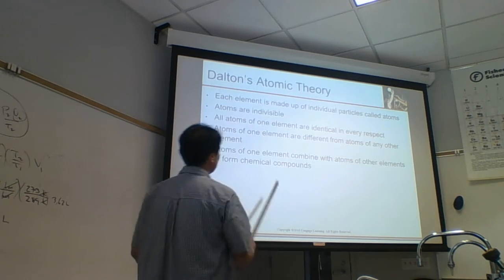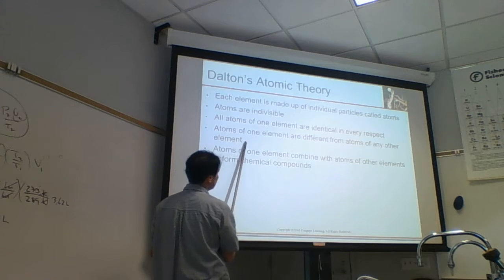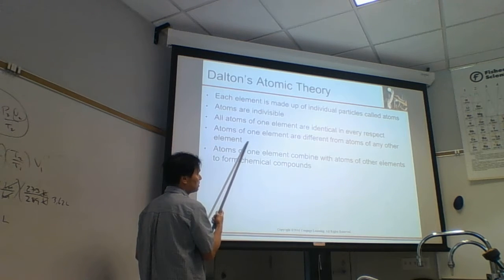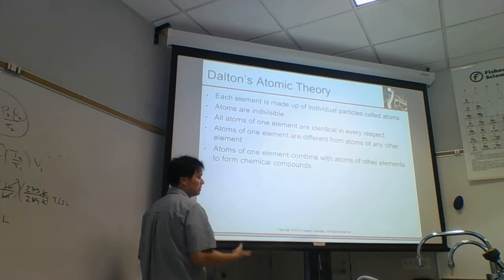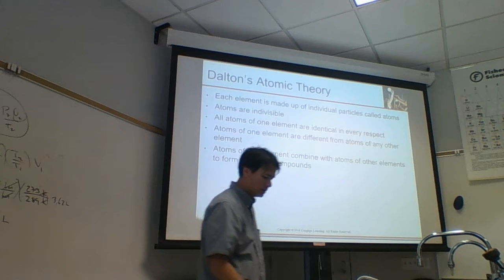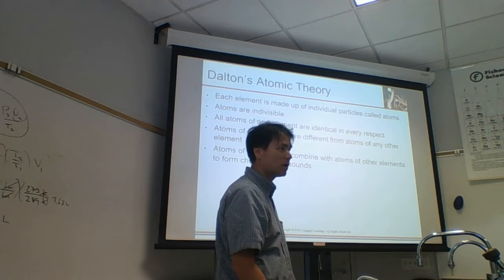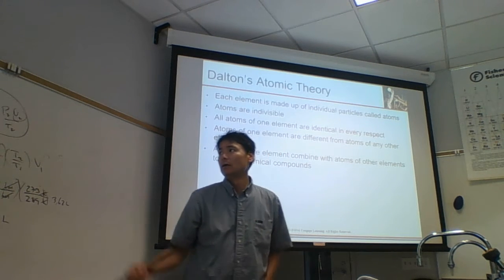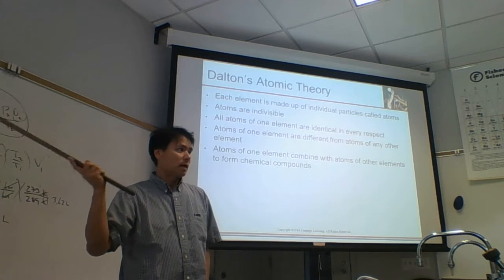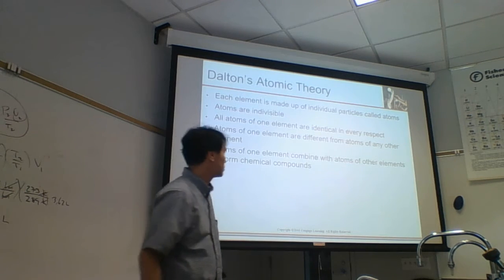Atoms of one element are different from atoms of any other element. That's true. Hydrogen atoms are different than oxygen atoms. But why? This is just a statement of fact. Yes, it's a factual observation. We can memorize that, but wouldn't it be better if we knew something more about theory, patterns, other stuff?